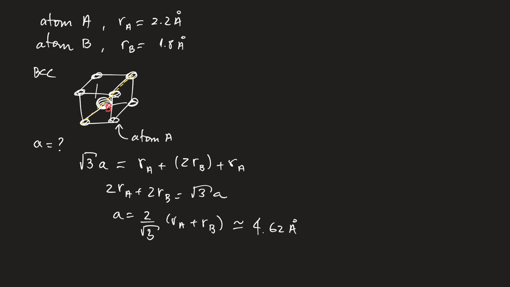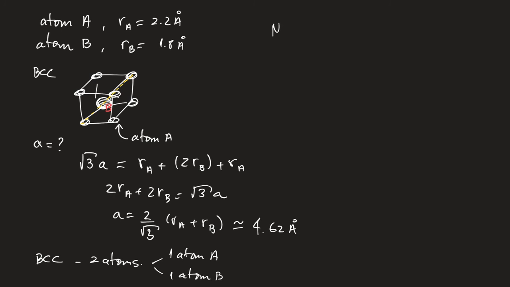We can calculate now the number density for the atom A and B, and as we saw before, for a BCC lattice, the unit cell has 2 atoms in total. As our unit cell has atom A and atom B, we have 1 atom A and 1 atom B, right?